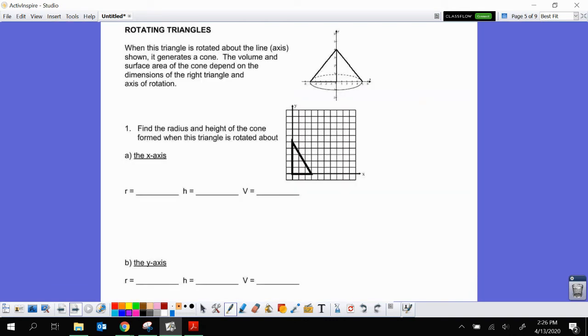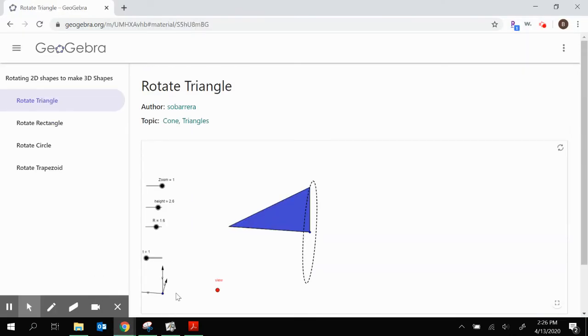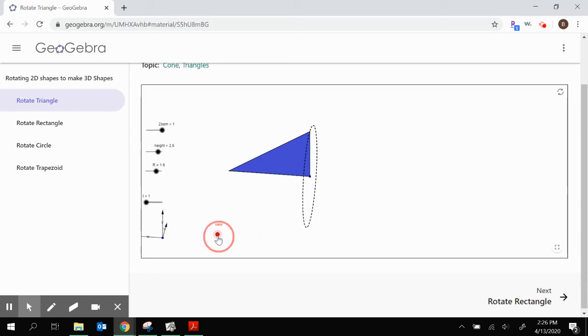All right, so let's talk about rotating triangles. And again, I'm just going to show y'all a quick little visual of this. So if we wanted to rotate a triangle, okay, you can see what happens here. If this is rotated, let's say this is along the x-axis. Okay, you can see this. If I rotate this, notice what's happening.